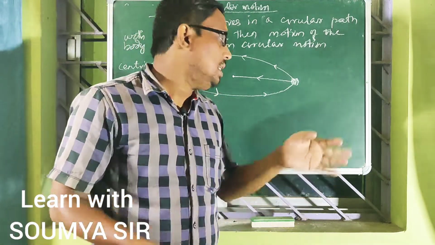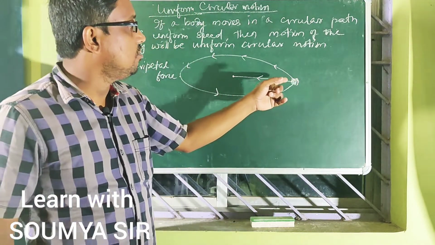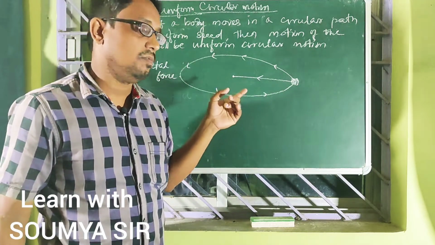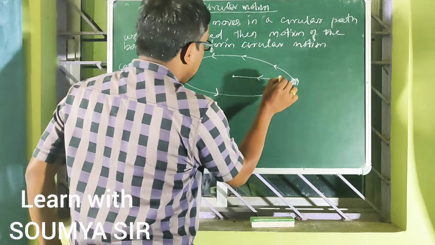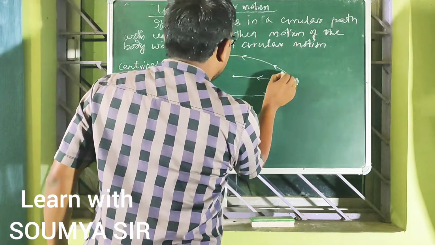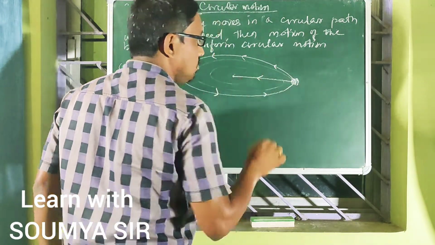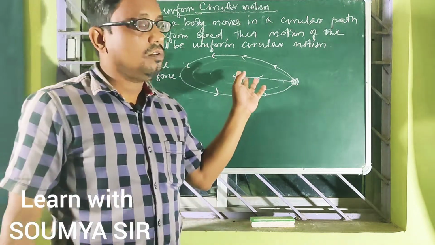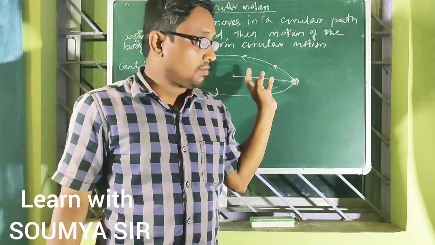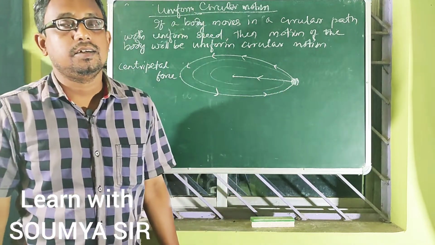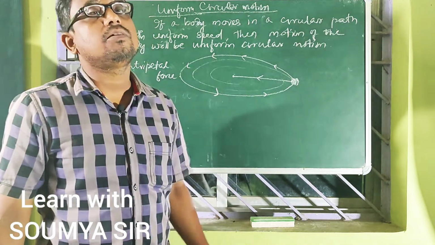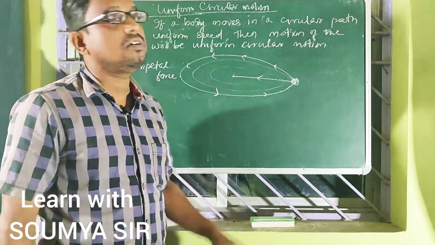Now my point is, if the centripetal force pulls the body towards the center, the path might decrease and the body might fall into the center. But the stone is not coming toward the center.